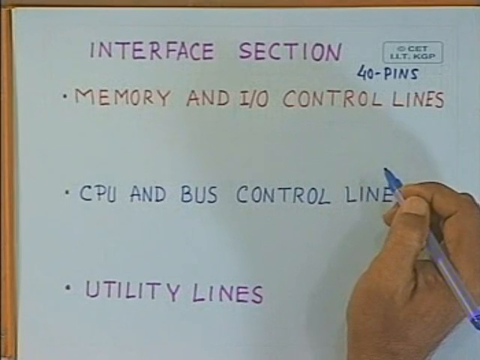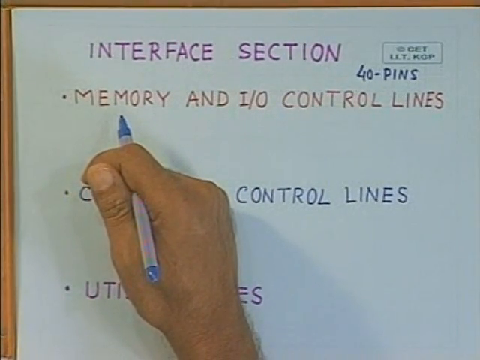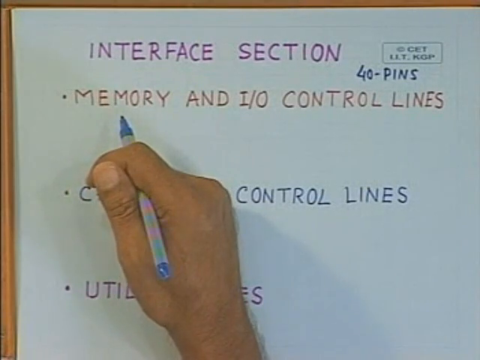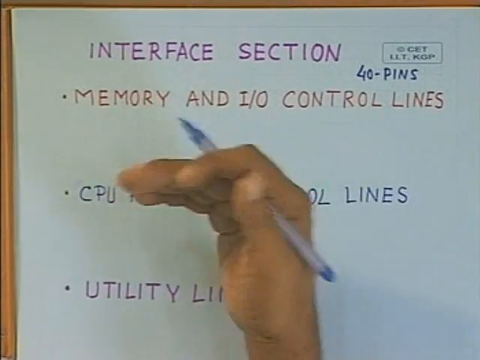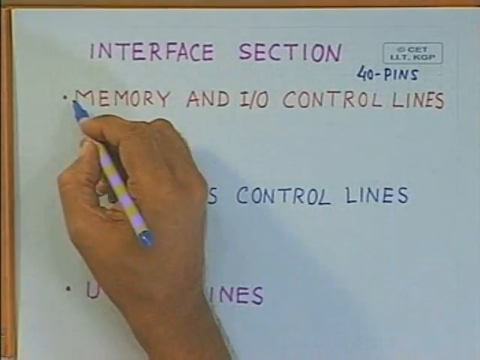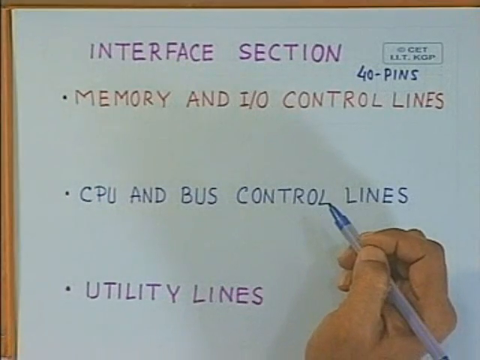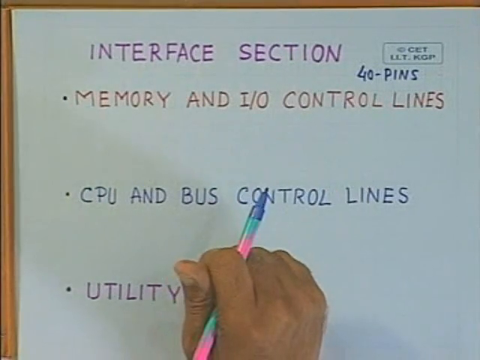And nowadays you will find there are many microprocessors which have as many as 256 pins or more, because the requirement has increased, technology has advanced. But let us focus on what is provided in 8085. But the nature of the interface section has not changed over the years.